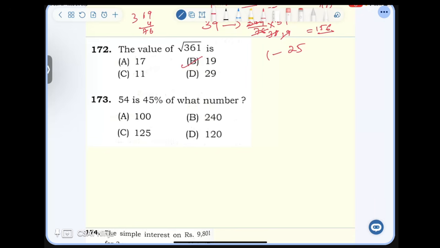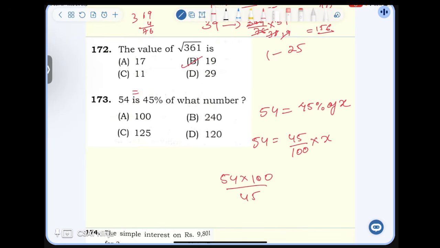Okay. What is 'is'? 'Is' means equal to, okay? 54 is 45% of what? I'll use x here. So 54 is equal to 45 divided by 100 into x. If I simplify this, 54 into 100 divided by 45 is equal to x.